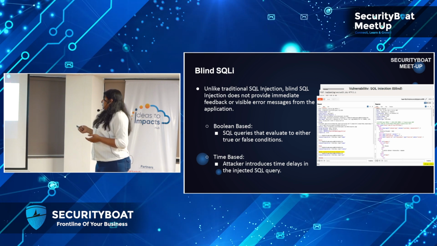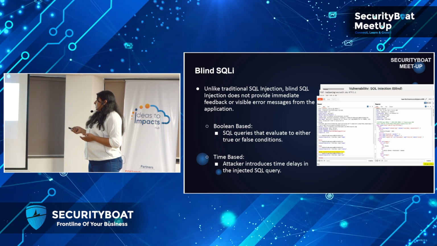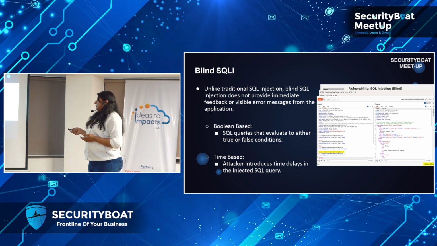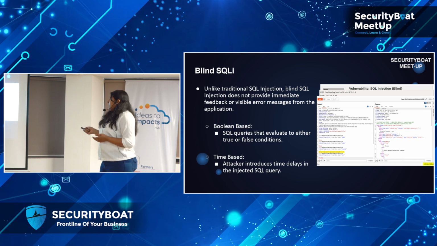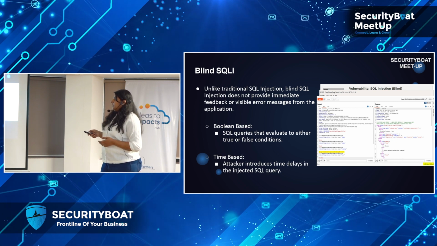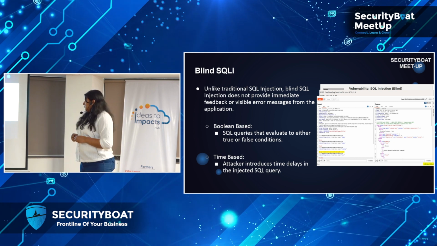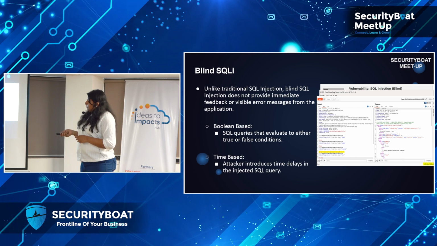And this is the output that SQLmap has provided to me. This parameter is vulnerable to the Boolean based, and it automatically provides you the information which is already stored in the database. And the second one is the time based.